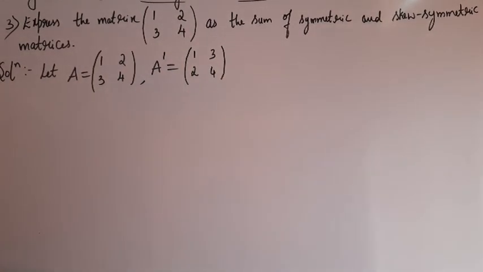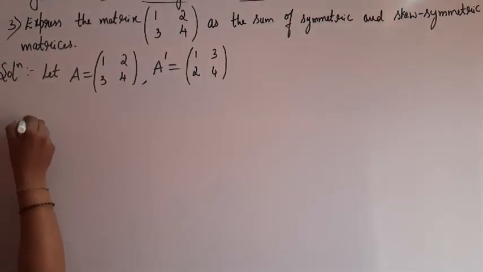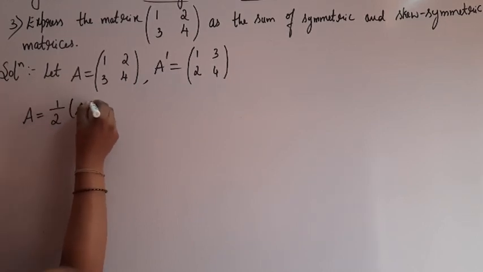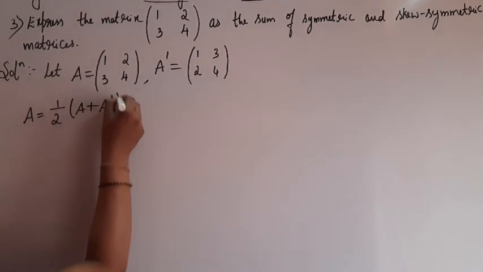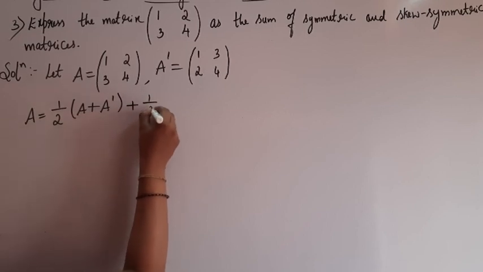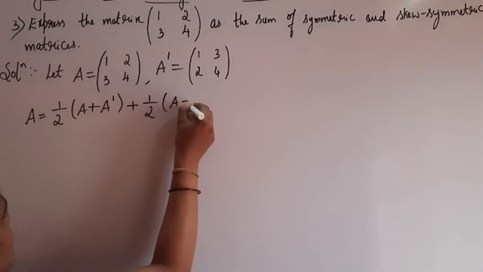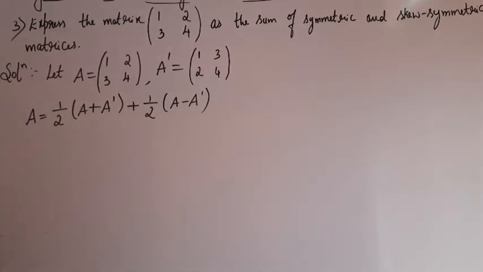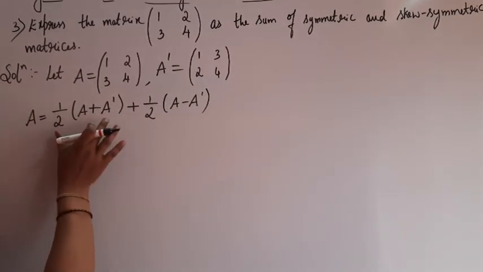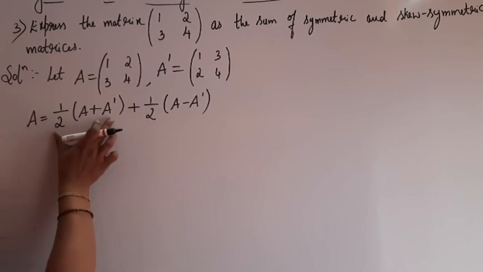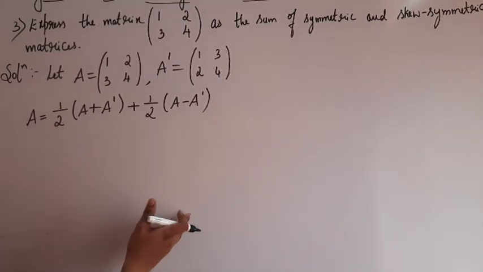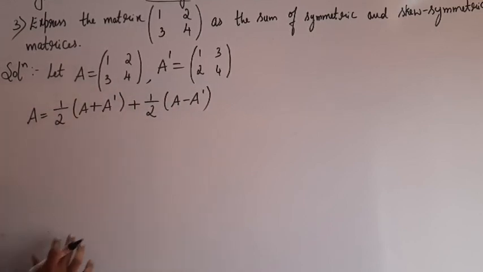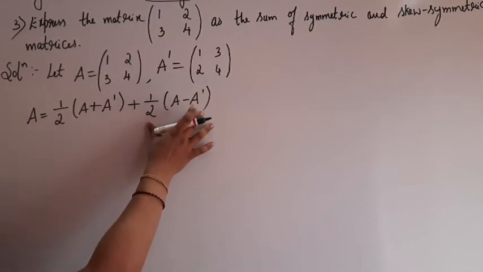Okay. So what is the expression? The expression is matrix A equals 1 by 2 into A plus A dash plus 1 by 2 into A minus A dash. So here in the previous problem we took each term separately. First term I considered, then I found the value of the first term, and next I considered the second term, and then we found the matrix for the second term.